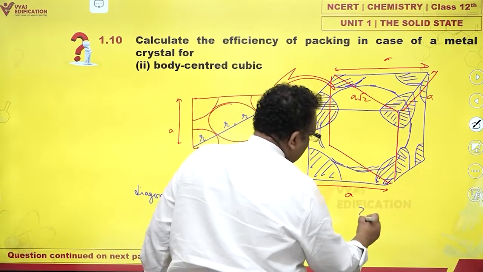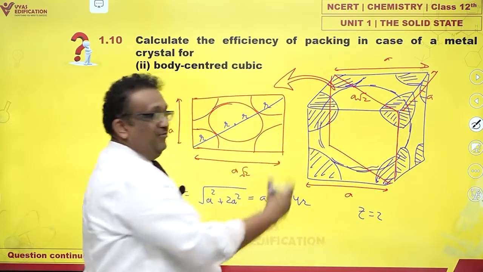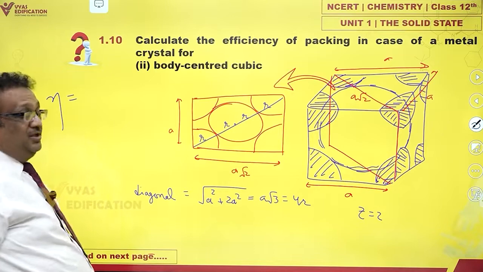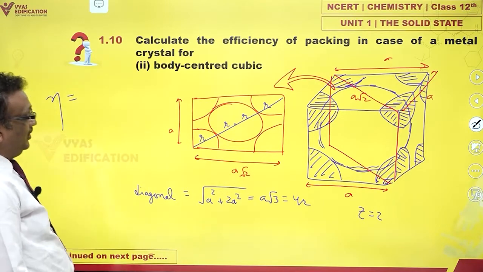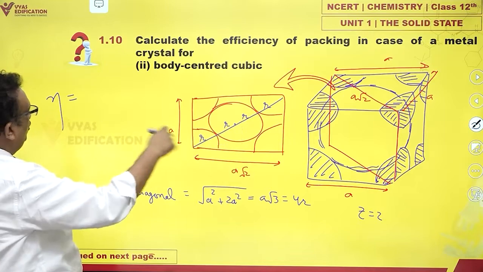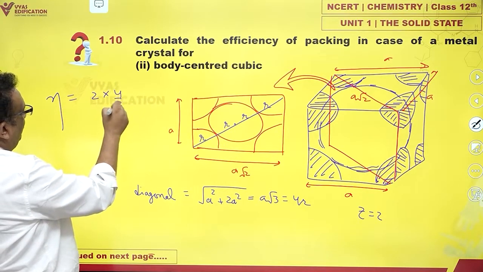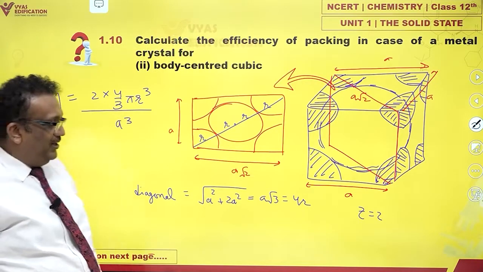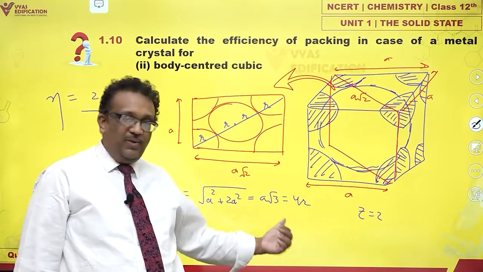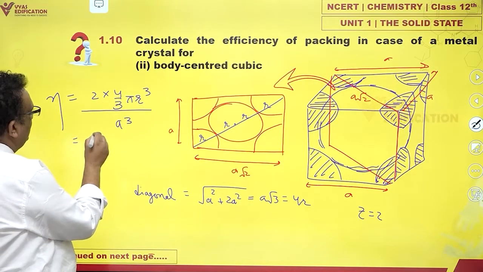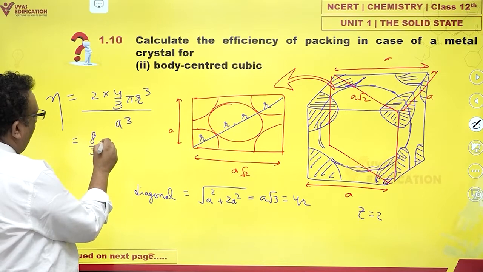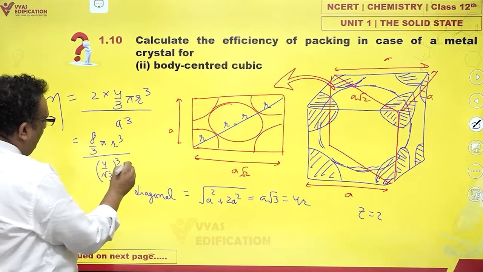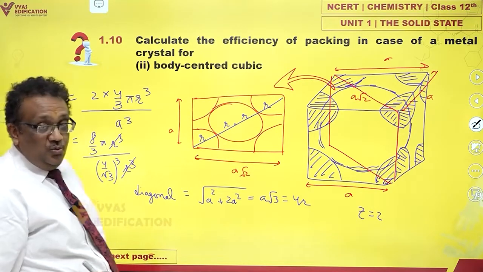Occupancy is 2. One at the body center and one at the corners, 1/8 into 8. So if you talk about packing efficiency eta, the number of atoms within the cube is 2. 4 by 3 pi r cube is the volume occupied by them divided by a cube, right? And what is a? A is 4 by root 3 r. So this is 8 by 3 pi r cube divided by 4 by root 3 r, cubed.